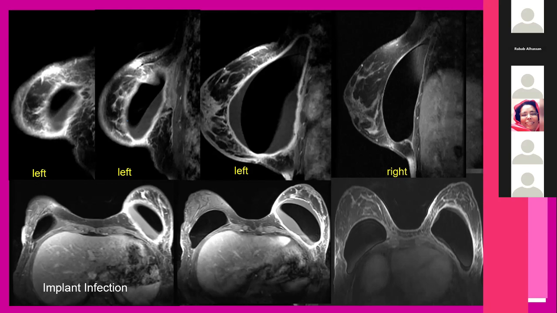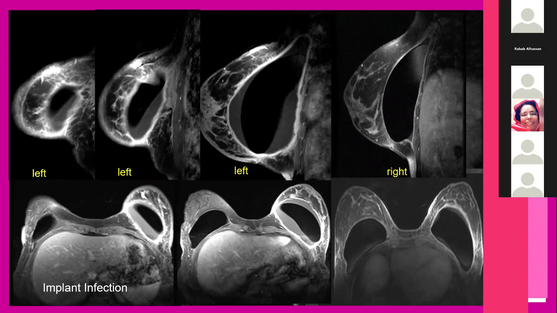And the patient's implant is less than 5 years old. This is also one important point that makes the possibility of anaplastic lymphoma associated with the implant less likely, but we have to consider it.